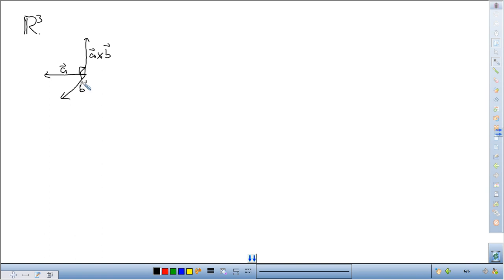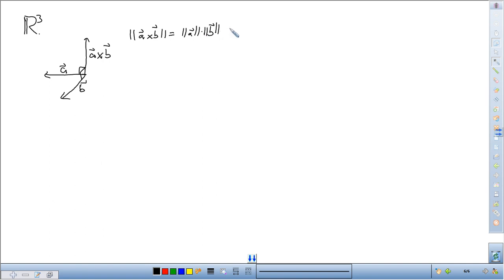Now, we'll get into why that's so great a little later, but let's talk about some of the properties of the cross product. First off, a very interesting equation. If I take the magnitude of the cross product, A cross B, this is equal to the magnitude of vector A times the magnitude of vector B. Remember, each of these are scalars, so this product makes sense.